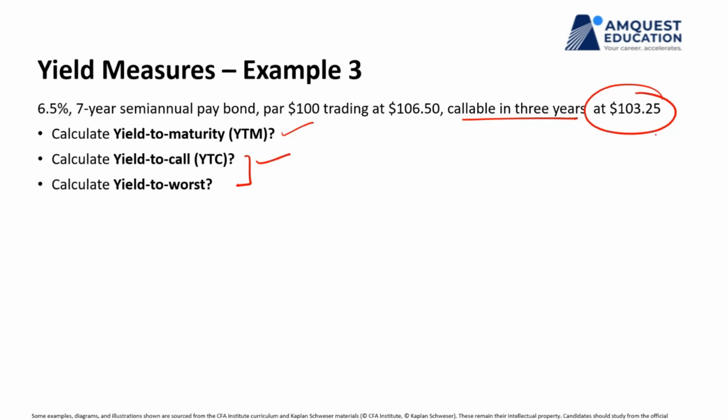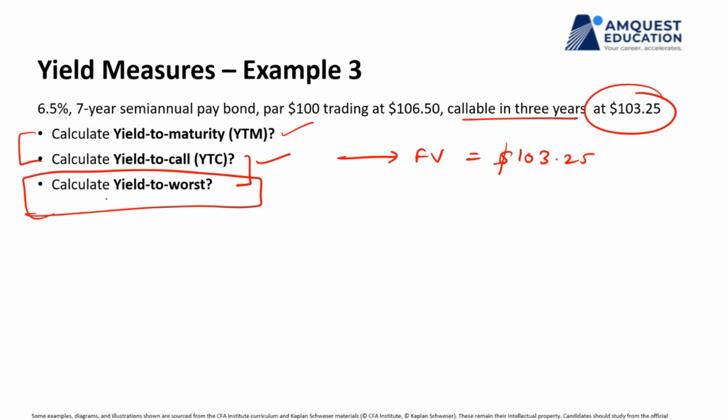Okay. So yield to call, the face value has to be changed, because if the bond is called, you are going to be paid 103, not $100. And then the minimum of the two obviously is yield to worst. Give it a try.